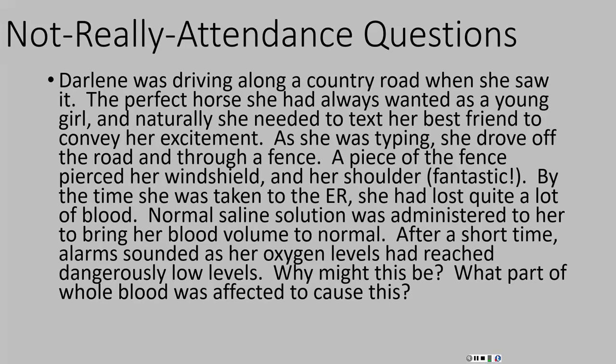So, here's a situation where someone got injured, they had a hemorrhage, they lost a lot of blood, she got to the hospital, and some inept doctor or nurse decided they needed to bring her blood volume up, so they applied saline solution. They administered that, which did bring her blood volume up, but that was definitely the wrong course of action. So, even though her blood volume was brought up by the saline, why is this an issue?